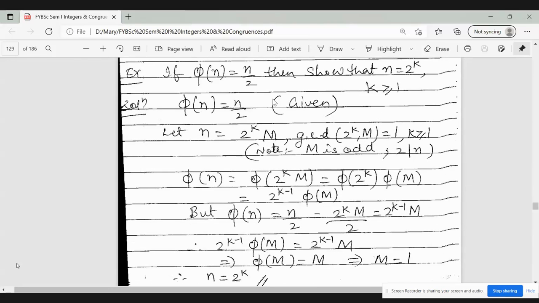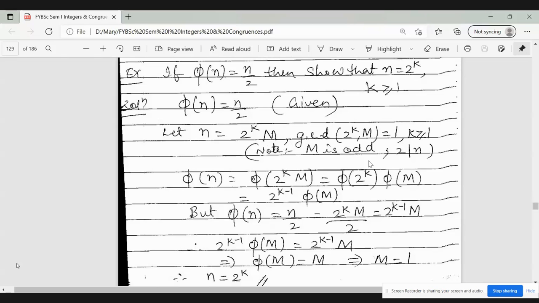If phi of n is n by 2, then show that n is 2 raised to k, k greater than or equal to 1. Phi of n is n by 2 is given. Let n be 2 raised to k into m, where m is odd, so the GCD of 2 raised to k and m is 1. We take all powers of 2 together, and whatever remains is m.